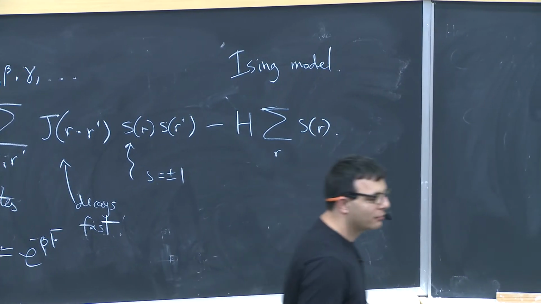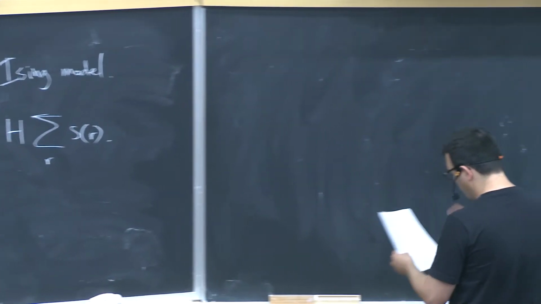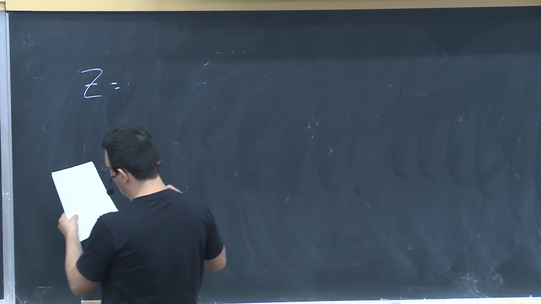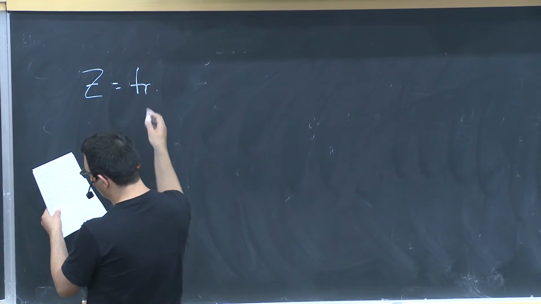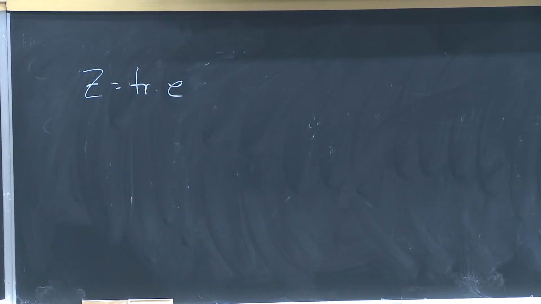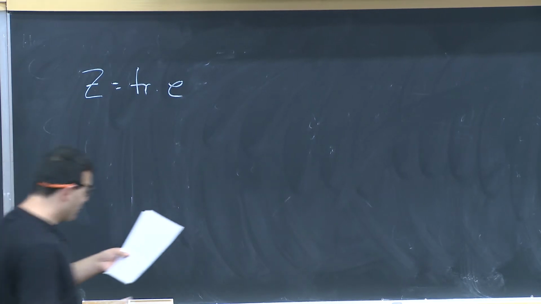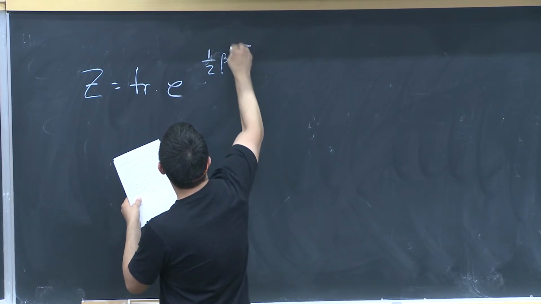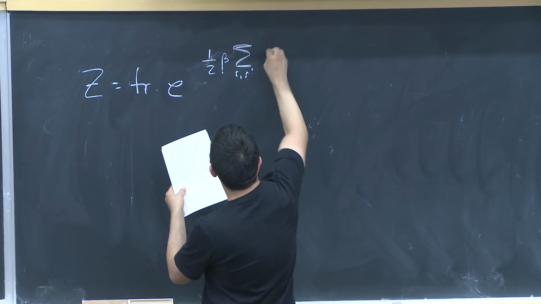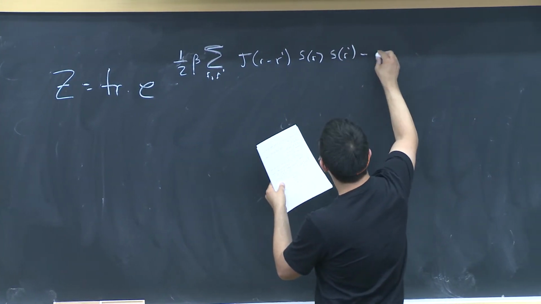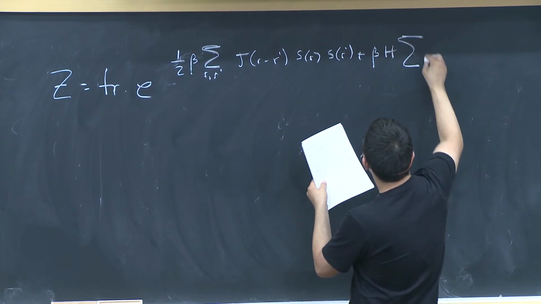So instead of saying that the spins are plus or minus 1, let's relax that assumption a little bit. Let's just say the partition function is the trace of, and I put here a factor of a half, it's not important because we're being sloppy anyway, e to the half beta times the sum over r, r prime of J of r minus r prime, s of r, s of r prime, plus or minus beta h times the sum of s of r.